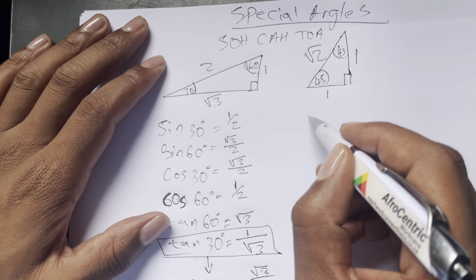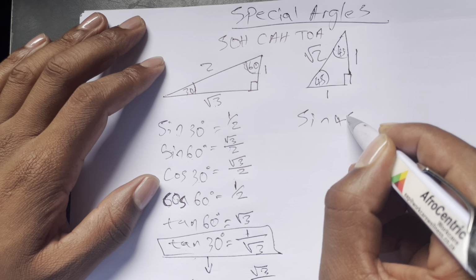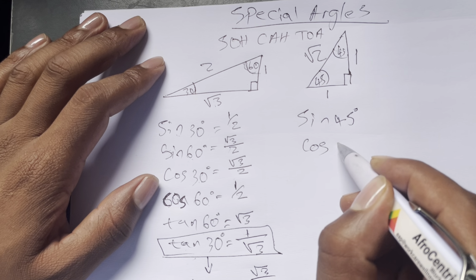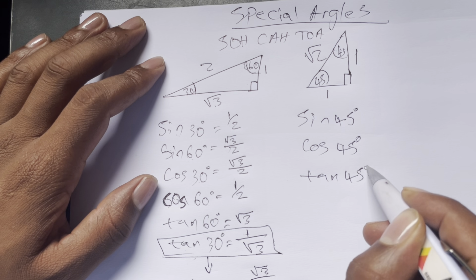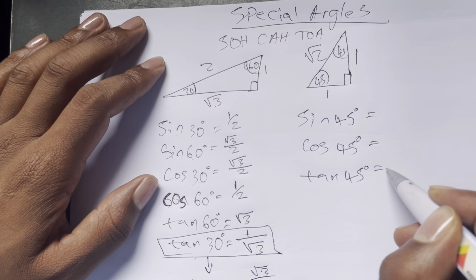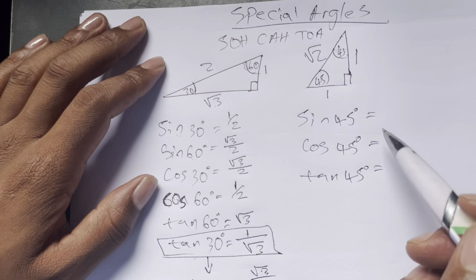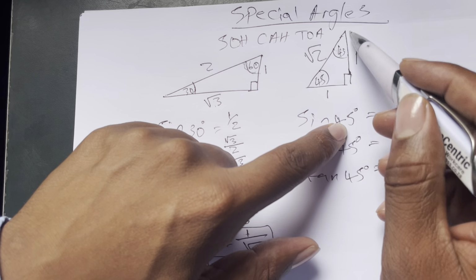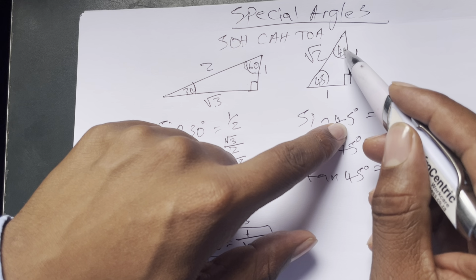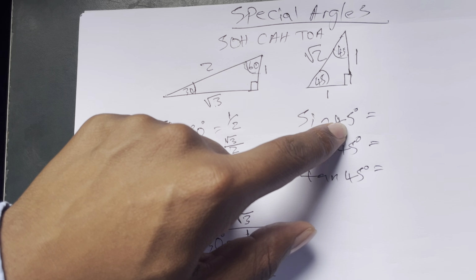Now let's move to 45. You have sine 45 degrees, cos 45 degrees, and tan 45 degrees. Okay. So you look at this, sine 45, whether you choose this angle or this, it's 45.